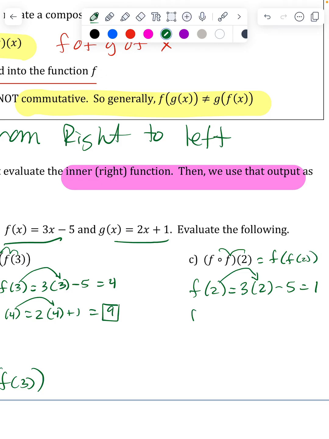And since that turned out to be a 1, then I'm going to do the outer layer of F using this output from the first round as the input for the second. And so I'm going to use my same function. Got to use function F, which is 3 times my X value minus 5. Putting that 1 in there, my final outcome is a negative 2. And so that is my answer.